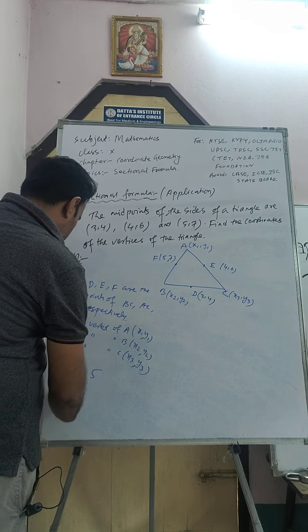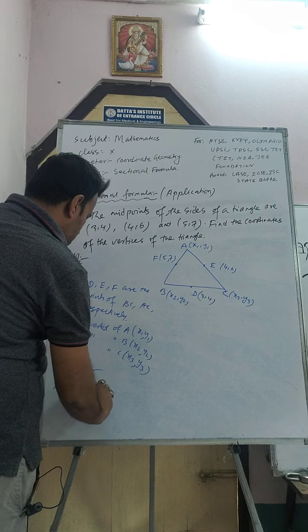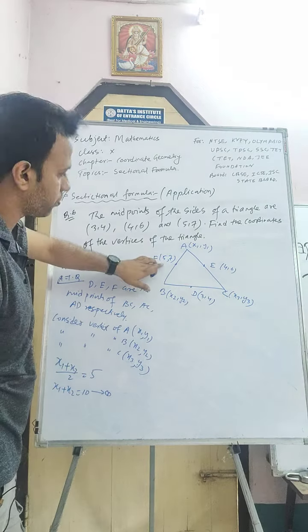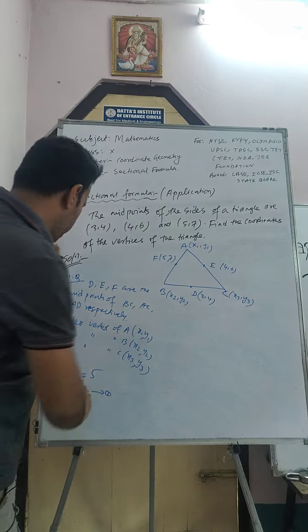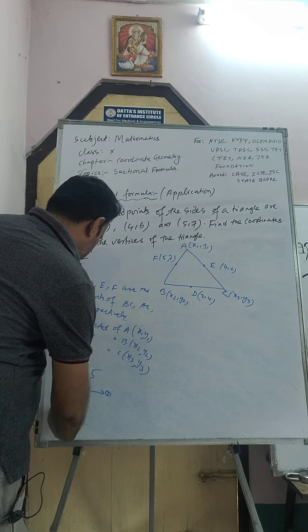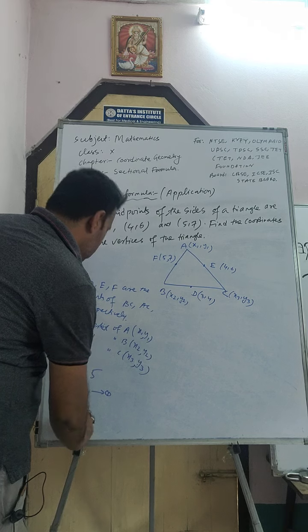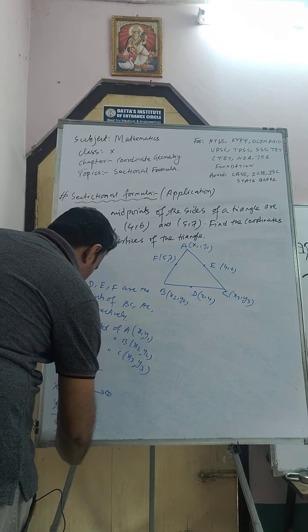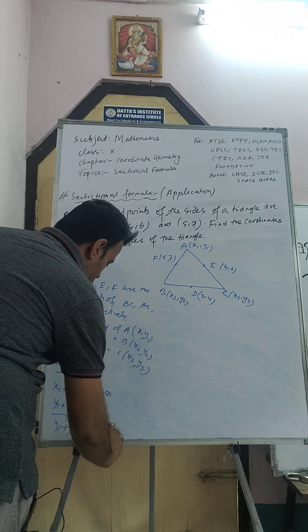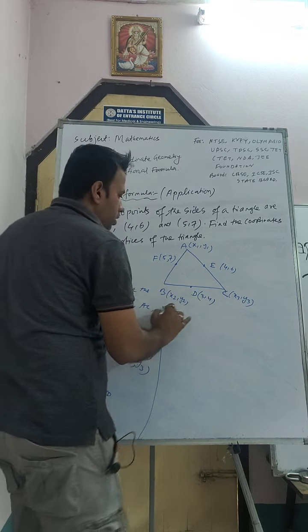That is x1 plus x2 is 10. This is equation 1, is it not? F is the midpoint of AB, so this one plus this one by 2 equal to 5, and again y1 plus y2 by 2 is equal to 7. That is y1 plus y2 is equal to 14. This one is equation 2.